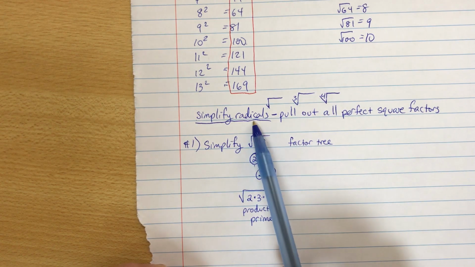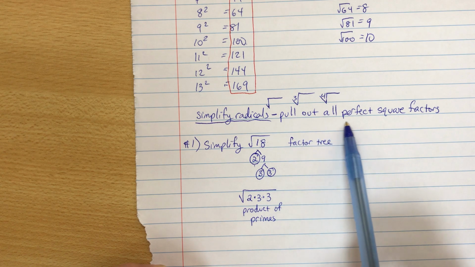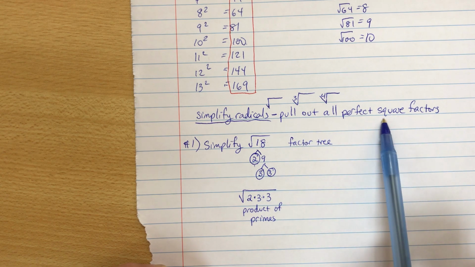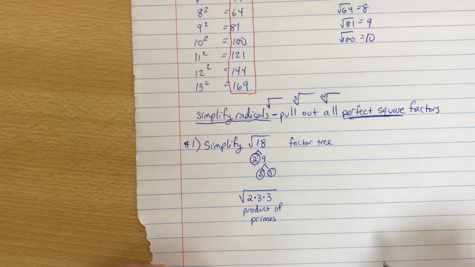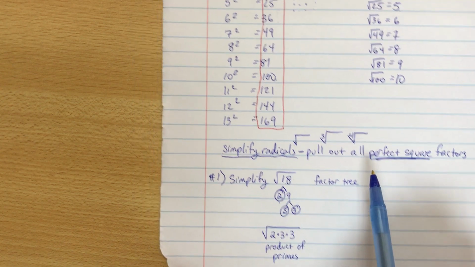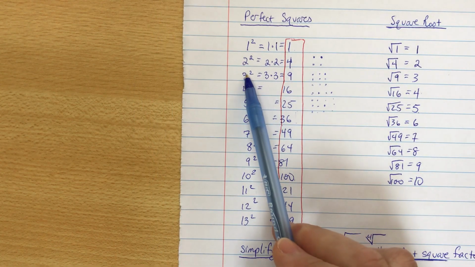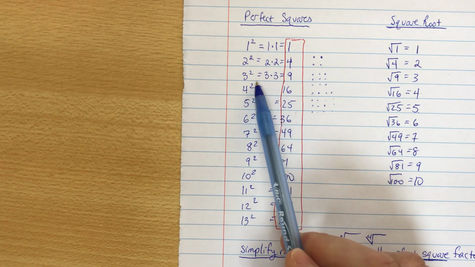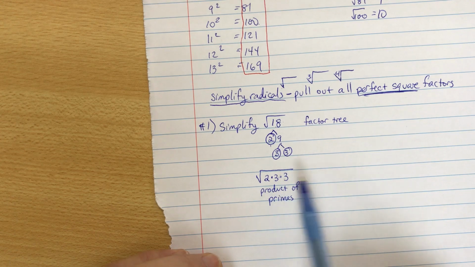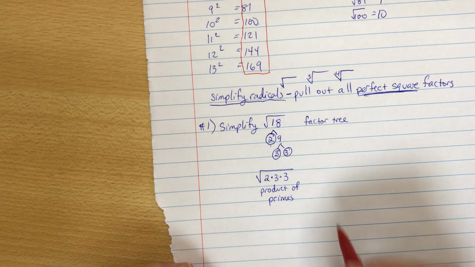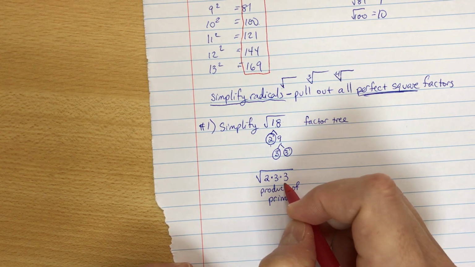Now, to simplify radicals means to pull out all the perfect square factors. Well, what does it mean to be a perfect square? That's where you multiply a number by itself. Okay, 3 squared is 3 times 3. 4 squared is 4 times 4. So what I'm looking for with my primes is, do I have a pair of numbers that are the same?